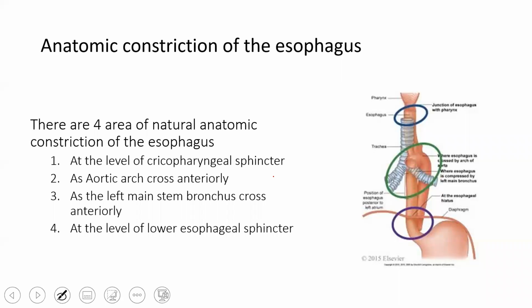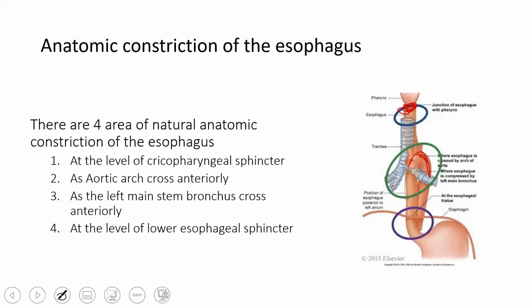In the esophagus, another very important anatomical concept that has a very important role in pediatrics and later on in adults: there are 4 areas of natural anatomical constriction. Number 1, at the cricopharyngeal sphincter, so there is narrowing here. Number 2, where the aorta crosses anteriorly, pushing a little bit and creating a narrowing in the esophagus.